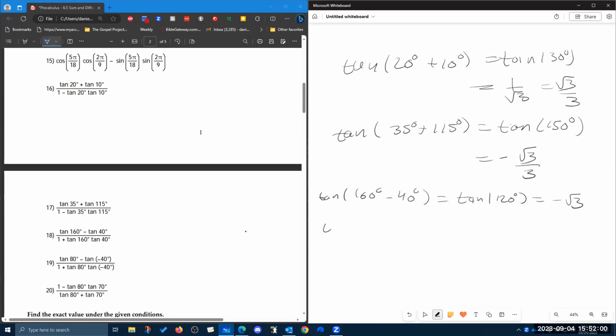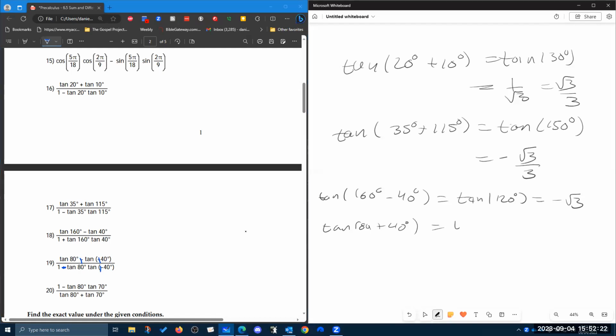And we have tan of 80 plus 40. If we take these negatives out here, this is plus, this is minus, and it's really the same formula.